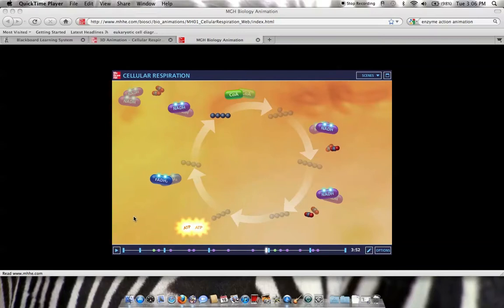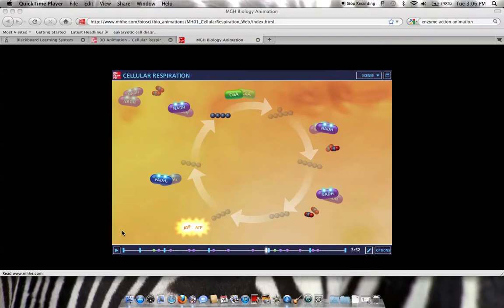We're going to see how many ATPs are produced here. Remember, the glycolysis reaction occurs in the cytoplasm of a cell. The citric acid cycle occurs in the matrix of the mitochondria.